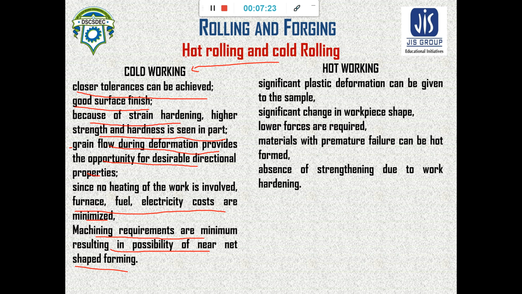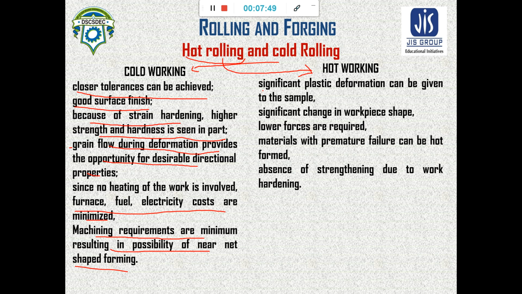In case of hot working, hot rolling means elevated temperature rolling, or rolling above the recrystallization temperature. When there is rolling above the recrystallization temperature, what happens? Grains will break, or the crystal structure will break. What is the significance?